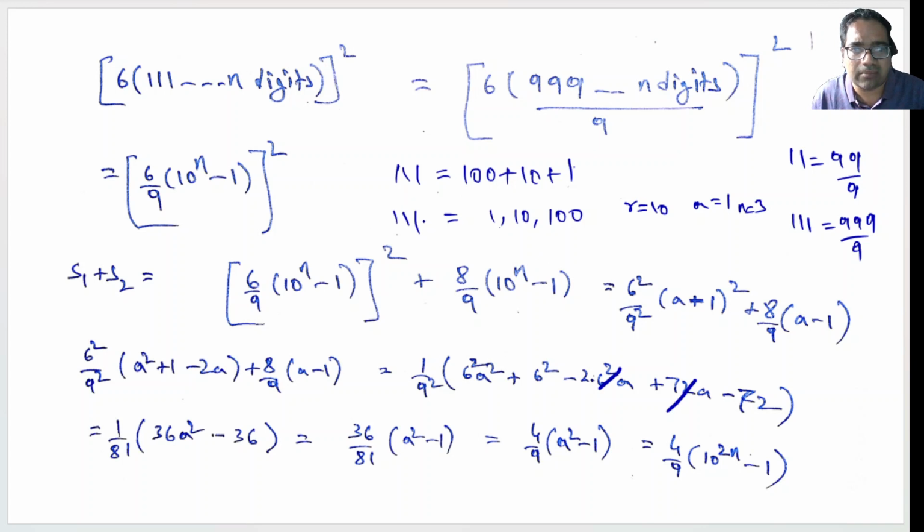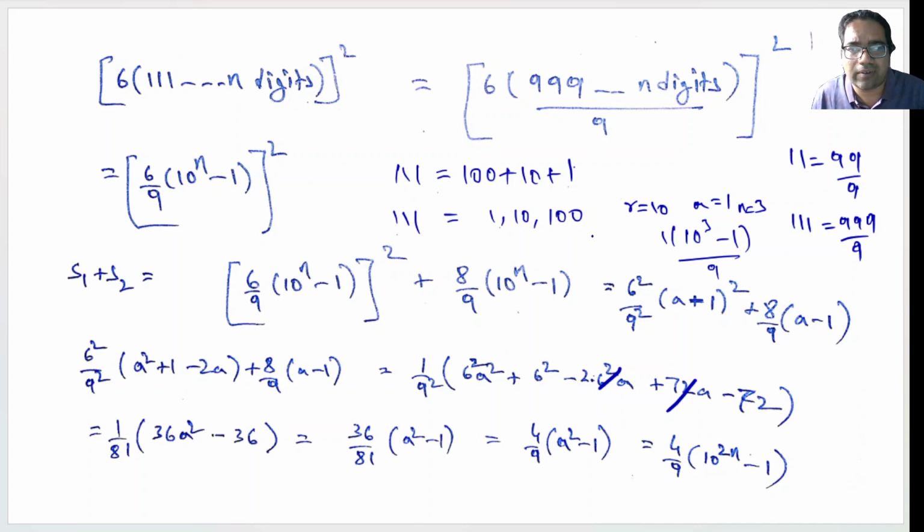Any number of ones, if there are n ones, this will be up to n terms. So here, what will this become? a into r power n minus 1 by r minus 1, that is 10 power 3 minus 1 by 10 minus 1, which is 10 power 3 minus 1 by 9.